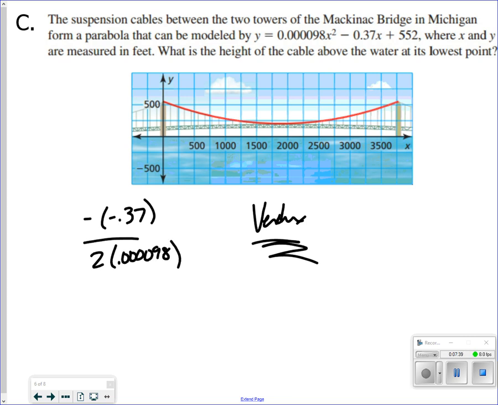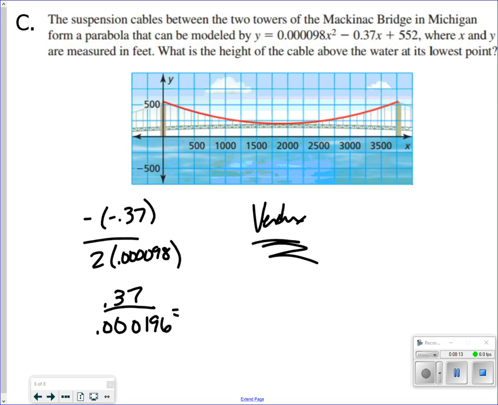and that is not a very friendly fraction, so I'm going to go ahead and type that in my calculator at the same time you are typing it in yours. 0.37 divided by 2 times, and I have to put that in parentheses, so 2 times, let me do that first, 2 times 0.0000098, so we're talking about 0.37 over 0.000196.